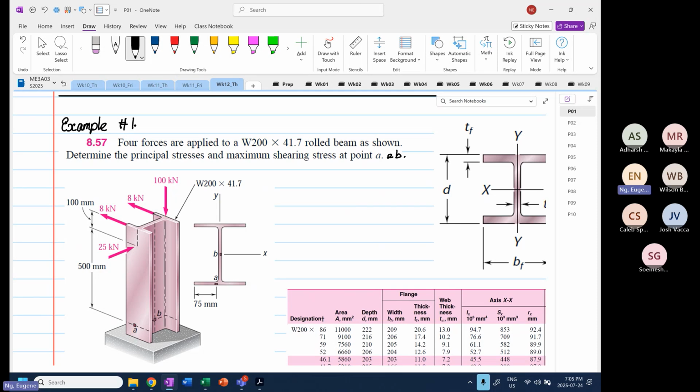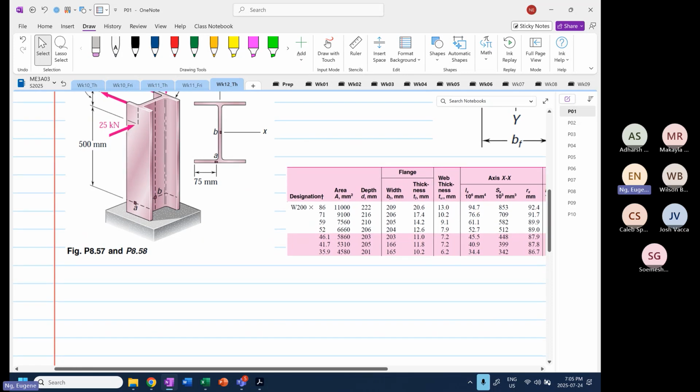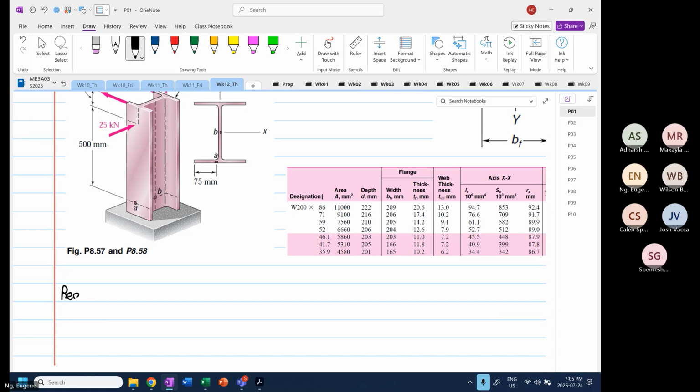So this problem requires the knowledge from the following.